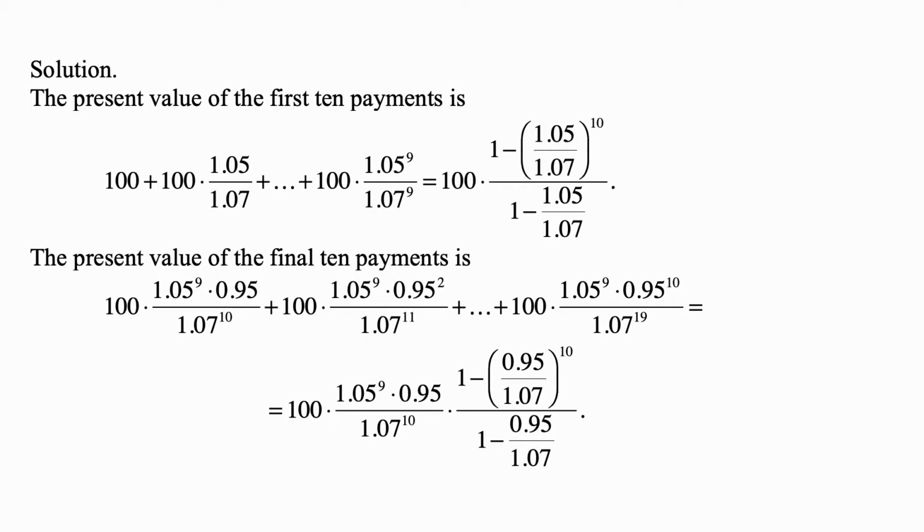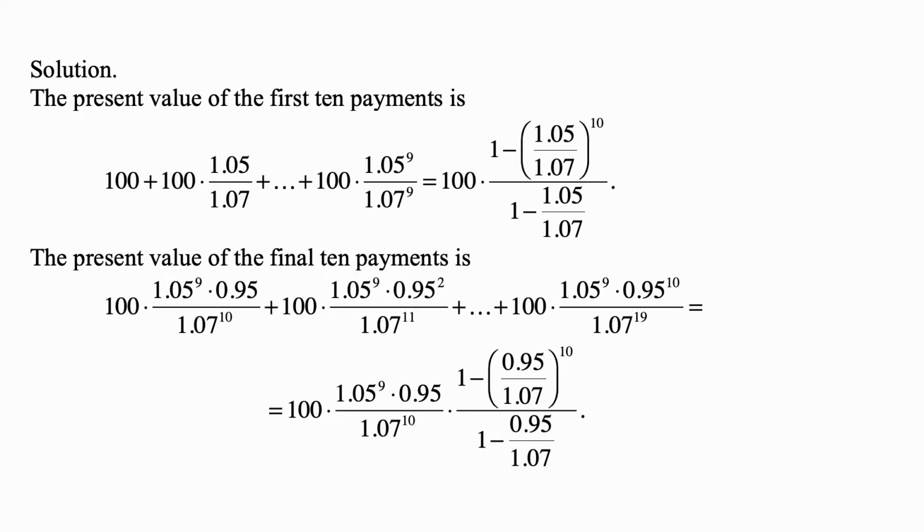The 10th payment is at time 9. So the payment at time 9 will be 100 times 1.05 to the 9th, and present value is obtained by dividing by 1.07 to the 9th, because the payment is at time 9. So these payments are at times 0, 1, 2, 3, 4, 5, 6, 7, 8, and 9.